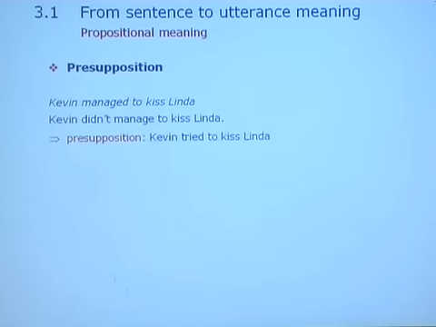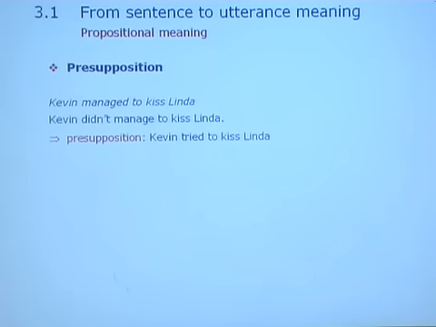And here we can observe something different. We are still dealing with propositional meaning. If you look at these two sentences, Kevin managed to kiss Linda and Kevin didn't manage to kiss Linda.